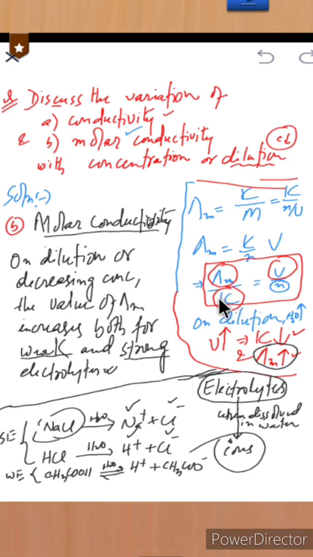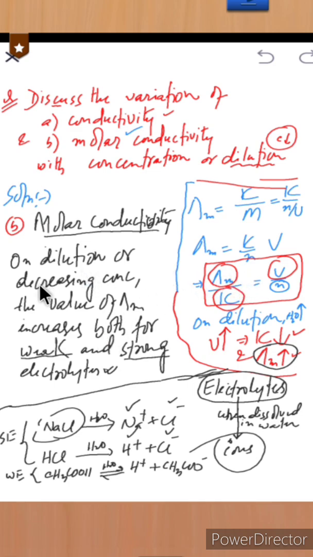In the previous question, I have already explained why conductivity decreases on dilution. In this case, I'm going to explain why molar conductivity increases on dilution, okay? Since volume increases, molar conductivity increases. This is just the variation, not the explanation, not the reason.